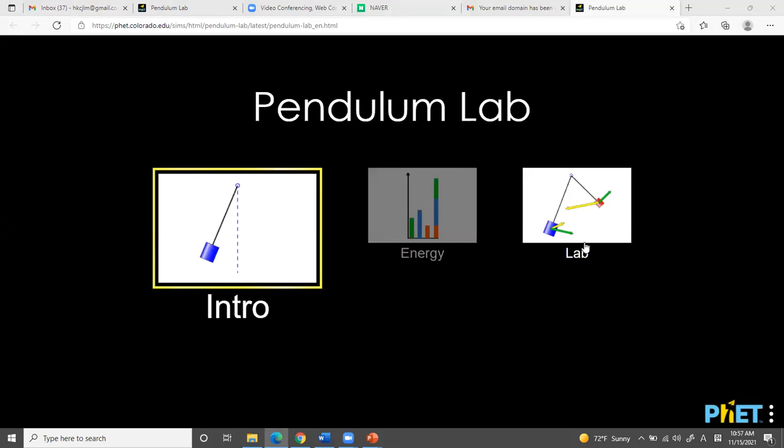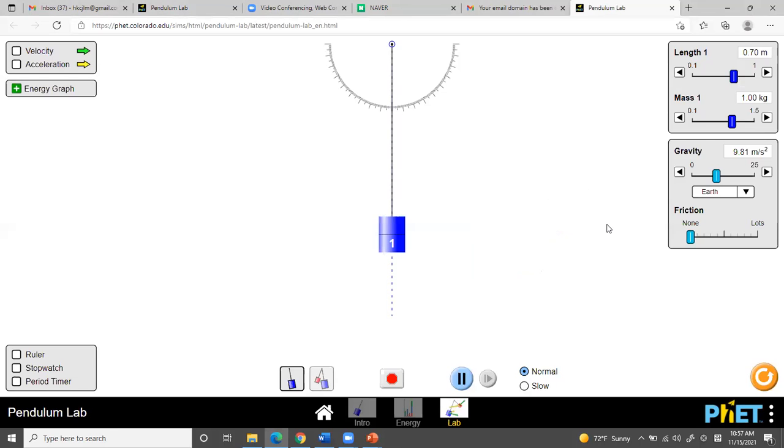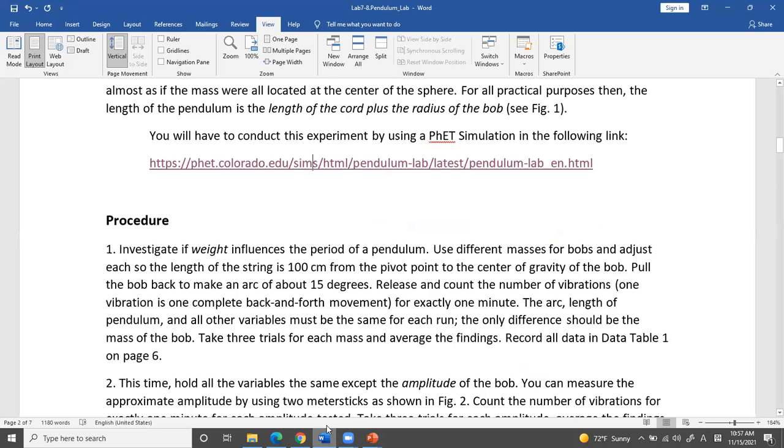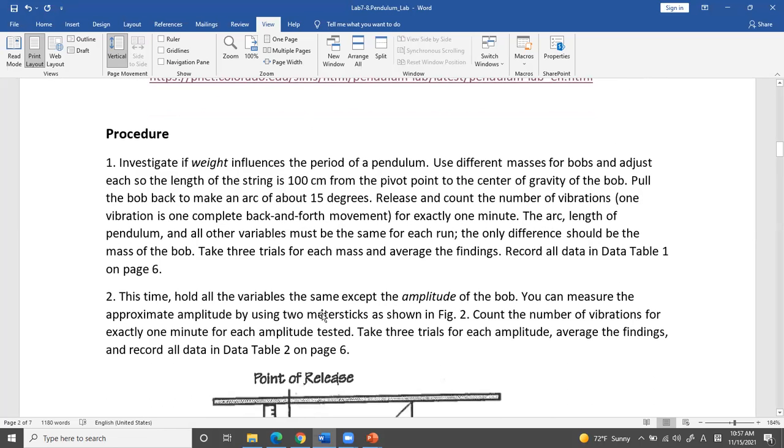Okay, so lab. We're going to choose this one, then just click lab. What we need to do here is set the mass, an angle of 15 degrees for the arc, and a 100 centimeter string. First we set this to 100 centimeters.